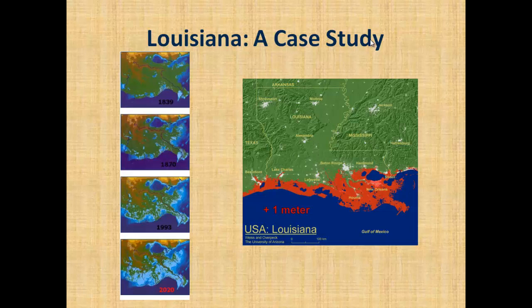The accumulation of sediment on these coastlands has been dependent on the Mississippi River during the past 7,000 years. So for 7,000 years, the Louisiana coast has been dependent on the sediment coming from the Mississippi River.